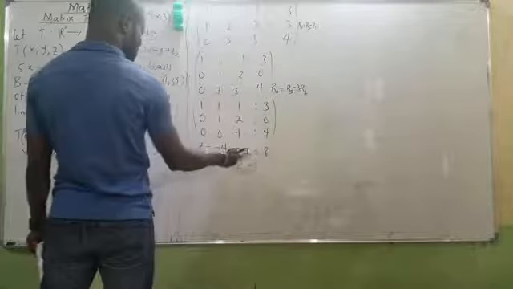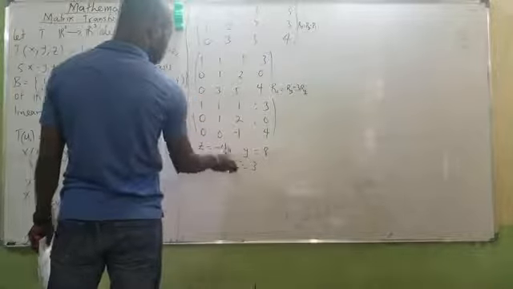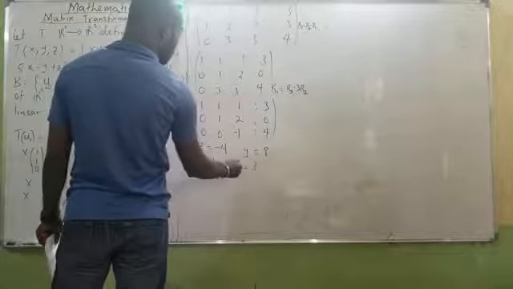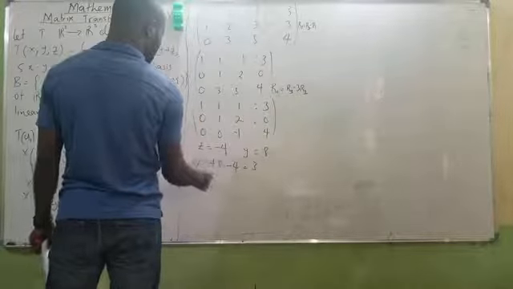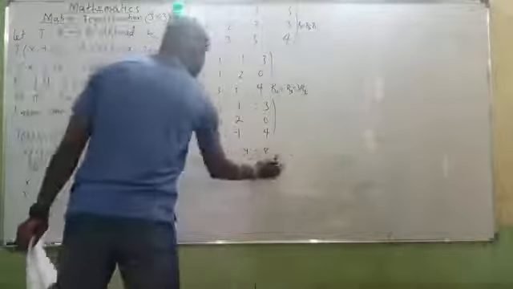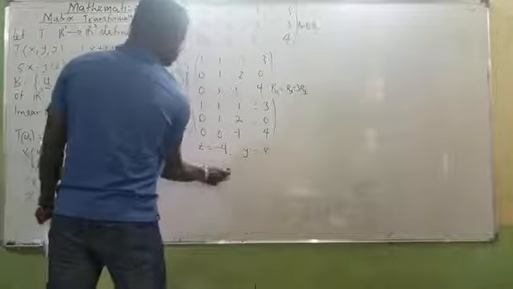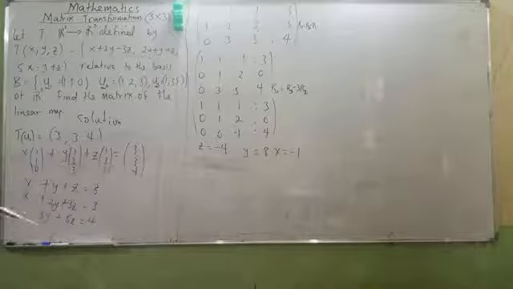What is my x? My z is minus 4 and y is 8, which gives 4, so my x will be equal to minus 1. Please, my x will be equal to minus 1. Now, that is the first one.